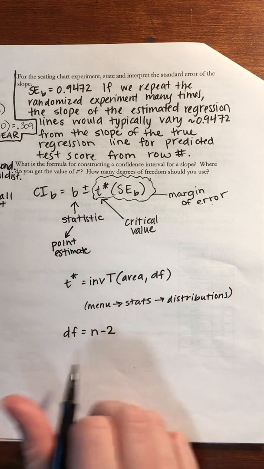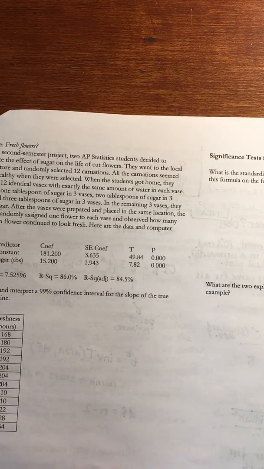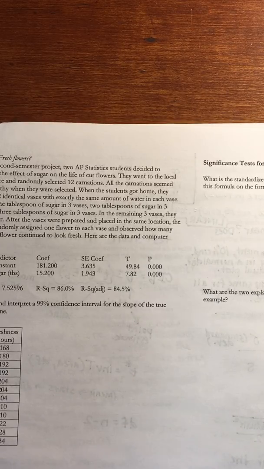So easy formula for degrees of freedom, it usually is. And that's about it. Okay, so let me see what else we have. All right, so the next part is an example for a confidence interval. I'd like us to do that together in class, so I am going to hold off on that.